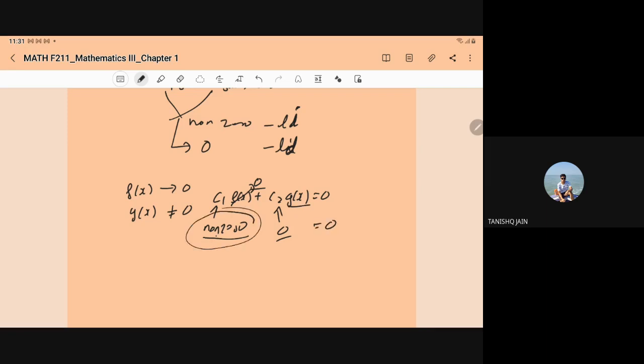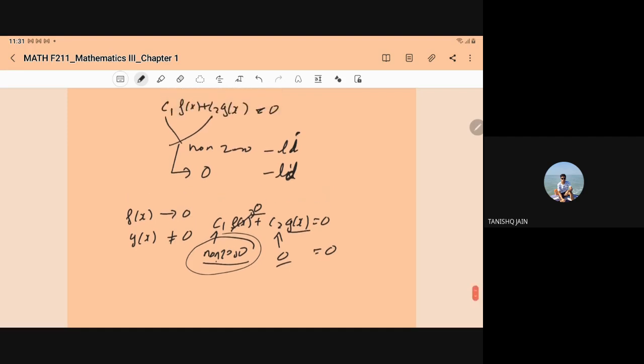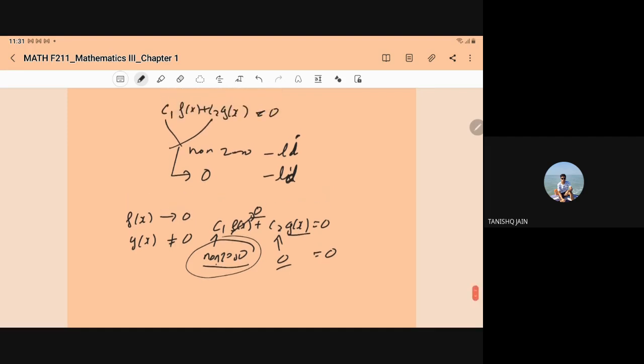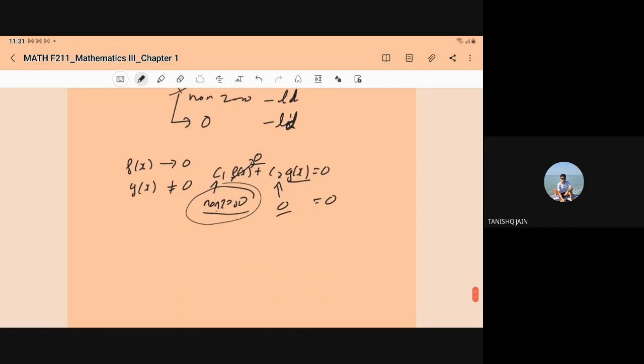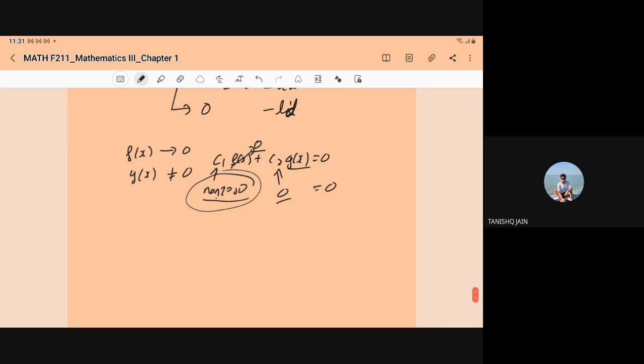So here we have non-zero, so it will become LD. So here g(x) is LD to the 0.